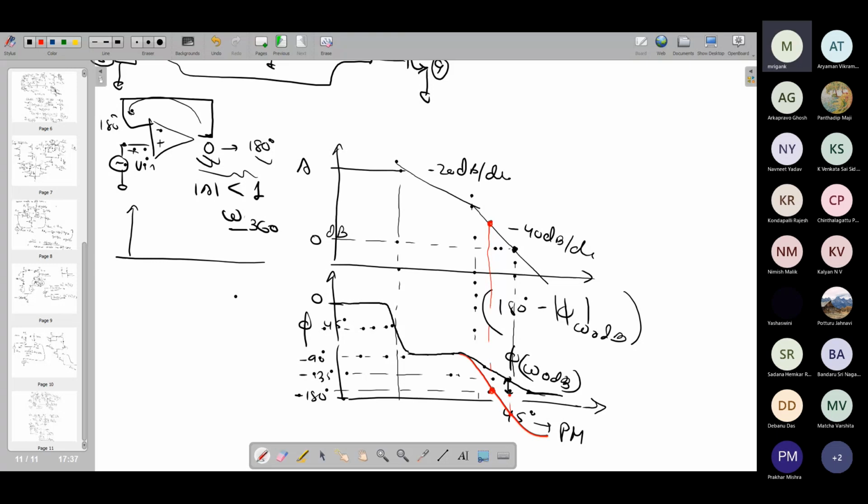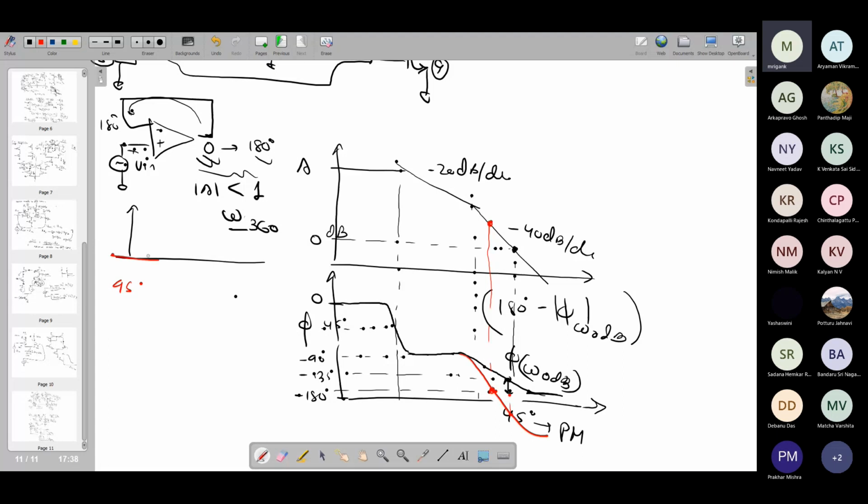Now, if you look at the overall phase response, we target a phase margin. A good phase margin would be 45 degrees or 60 degrees. A 45 degree phase margin basically ensures a good step response, and based on your S domain transfer function in Laplace transform, you can prove that analytically.